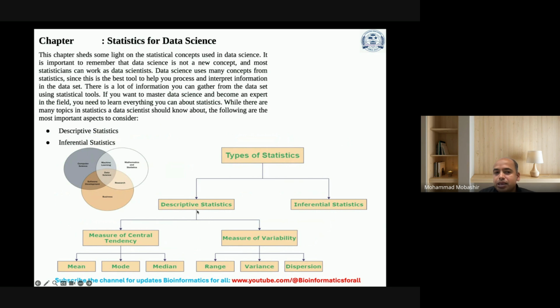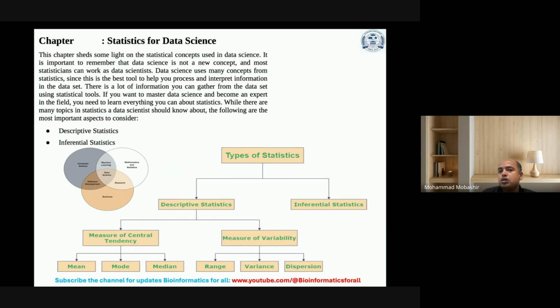Descriptive statistics includes measures of central tendency and measures of variability. In central tendency measurement, you calculate the mean, mode, and median. While in measures of variability, you calculate the range, variance, and dispersion.